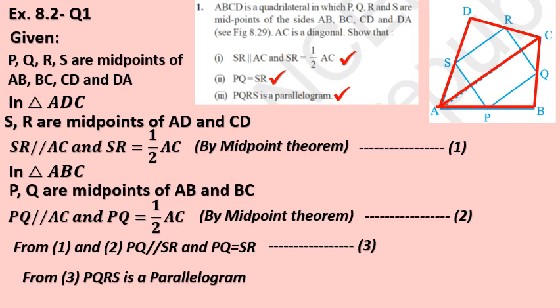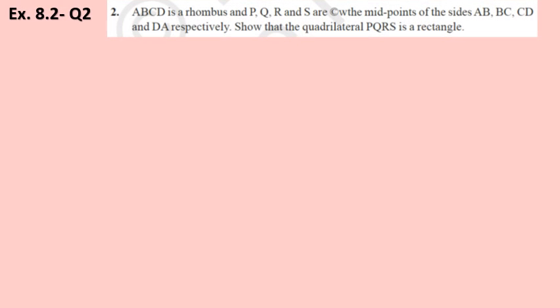Now move on to question number 2. ABCD is a rhombus and P, Q, R, S are the midpoints of the sides AB, BC, CD and AD respectively. Show that the quadrilateral PQRS is a rectangle. So first let us draw the figure.